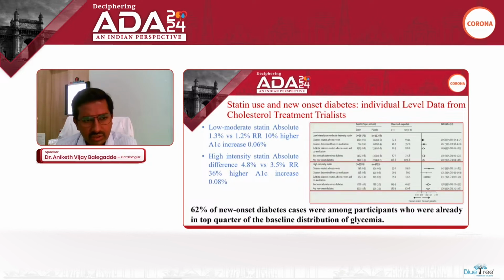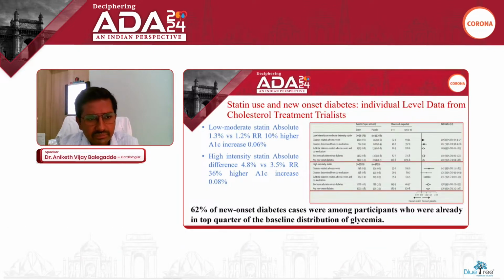And this is also age-old data: statin use and new-onset diabetes. Why did the concern about statins start in the recent past, and why do we explain to patients, when we start statins, the risk of new-onset diabetes? We all know that with low to moderate intensity there is an incidence of diabetes, around 7%.